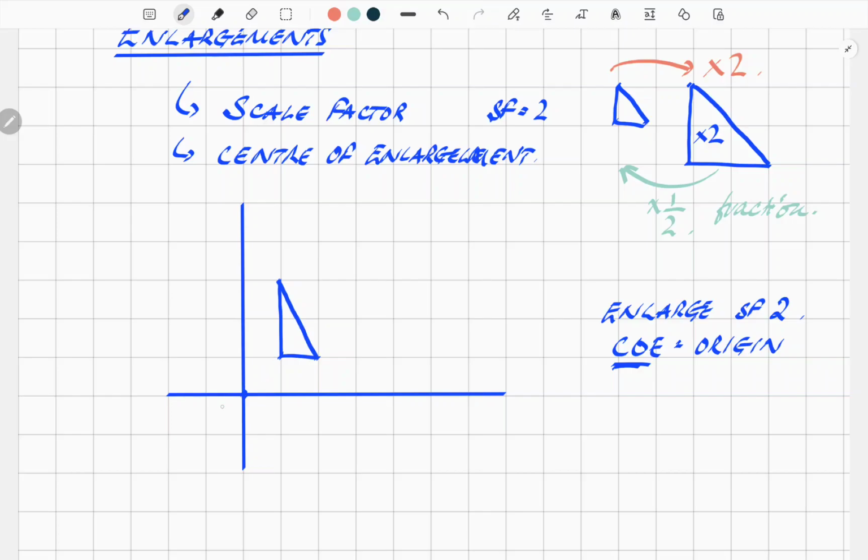So watch what happens. Then do another one from the origin, connecting this top corner here.